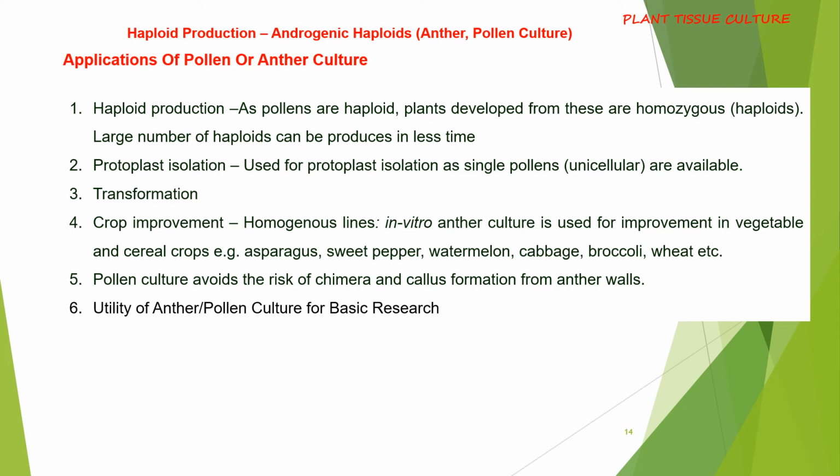Single pollens can be utilized for protoplast isolation. Haploid lines can also be used to obtain transgenic plants. It is used in many crop improvement programs. Pollen cultures avoid the risk of chimera and callus formation from anther walls.